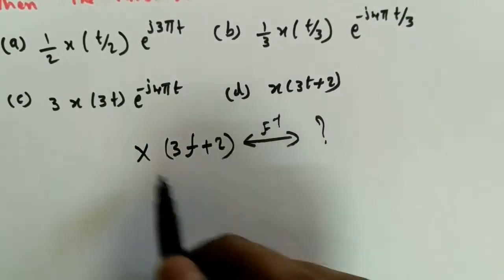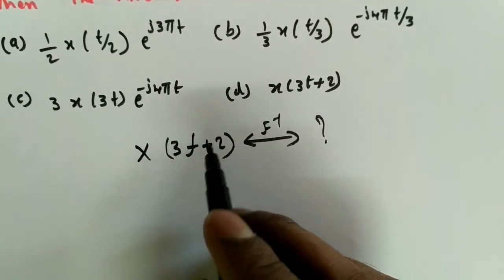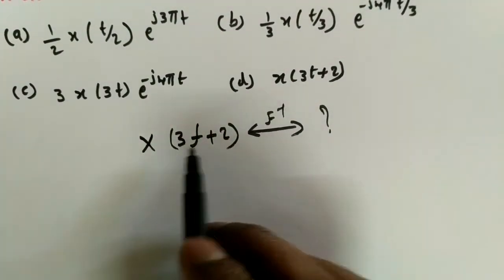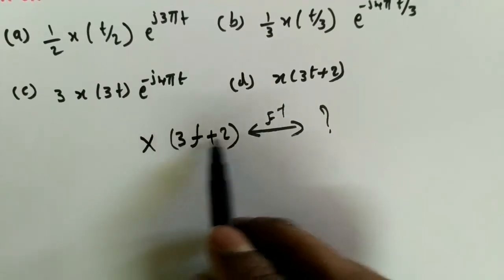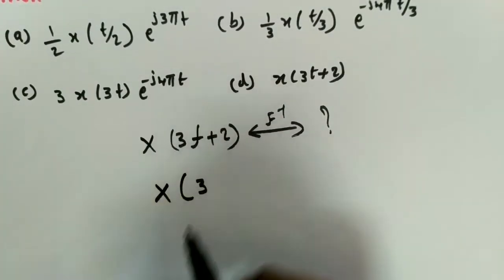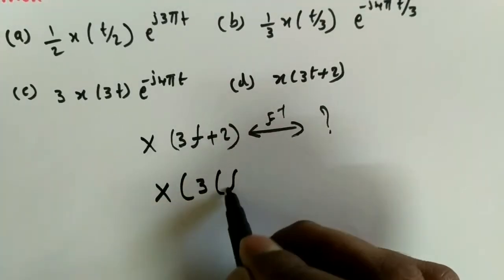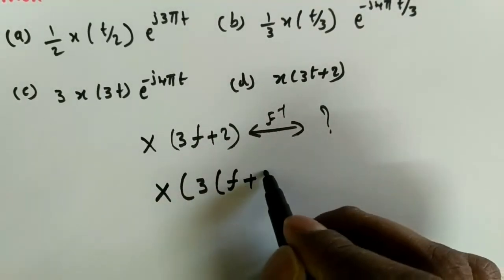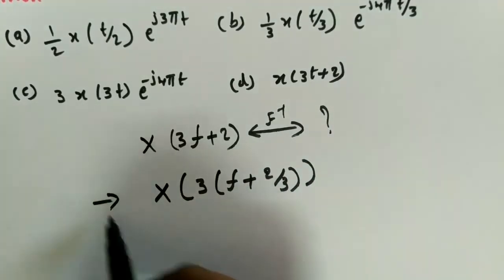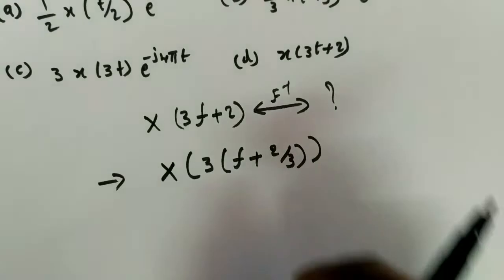So we need to apply two properties of the Fourier transform. Now what are those two properties? Before that, whenever there is scaling as well as shifting, always try to take the common factor, that is 3. If I take it common, it will become f plus 2 by 3, right? Now what is the first step we need to do?